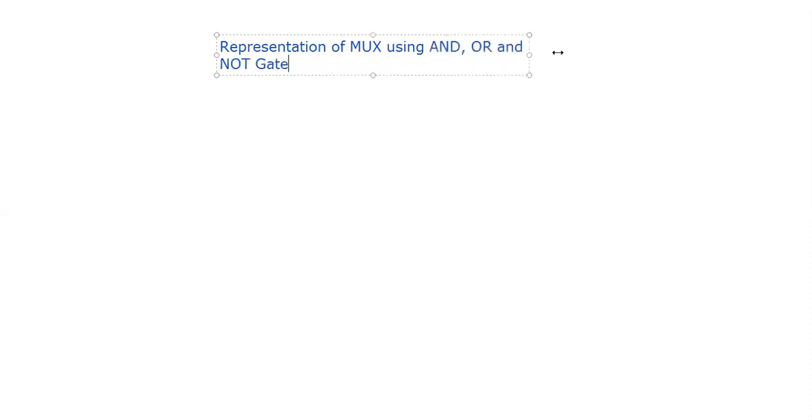Okay. So now we will see the representation of mux using AND and NOT gates. Let us consider a simple case, one select line and 2 inputs.